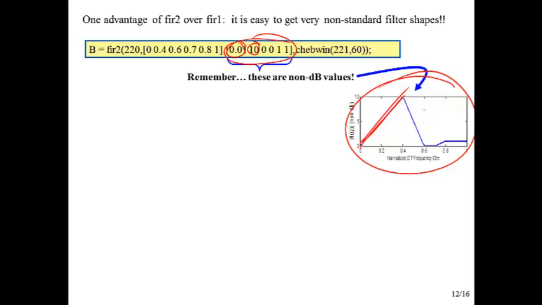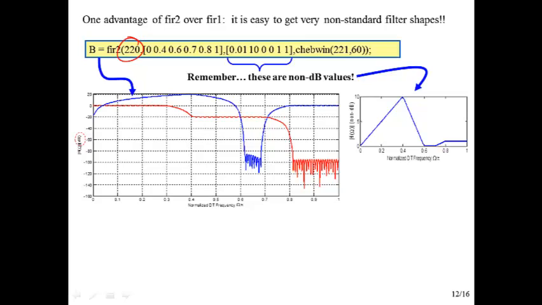So it did somewhat achieve that. And I'm using a pretty high order to be able to get this wacky filter. But if we look at it plotted in dB, this is the blue filter. You can see that this straight line corresponds to this weird curve. This is because of the dB plot. It turns that straight line into a weird curve.